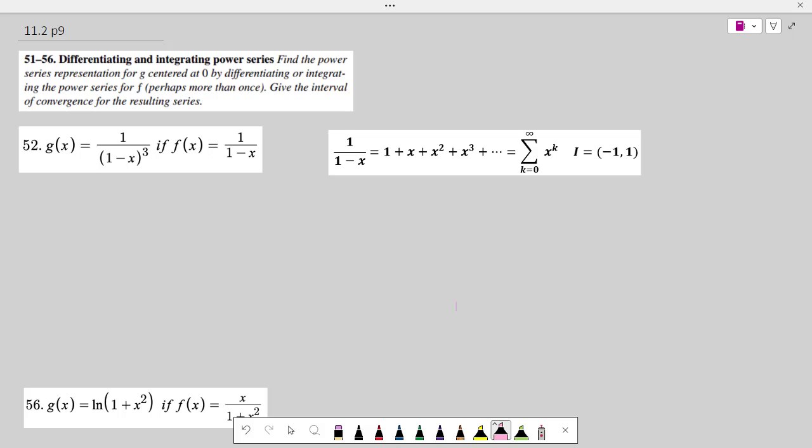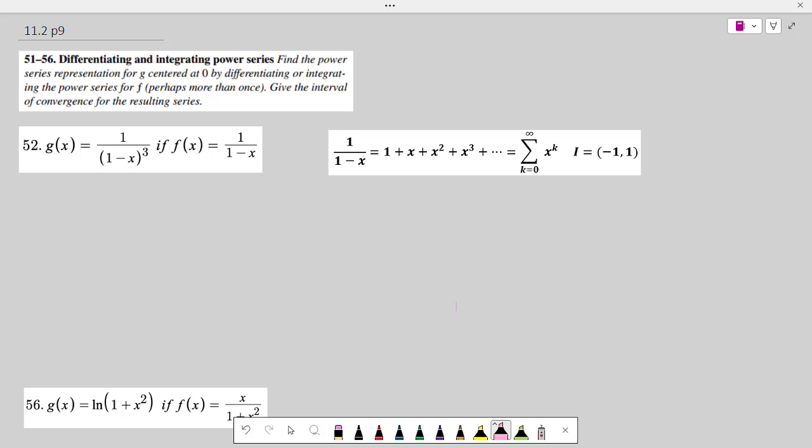We want to get a power series for g, knowing the power series for f. F is the geometric. We've got the power series right there. We know its interval of convergence. We are good with f. We've been doing that f type thing for almost 6 weeks. So we're good with that. How do we get to g from f is the question.